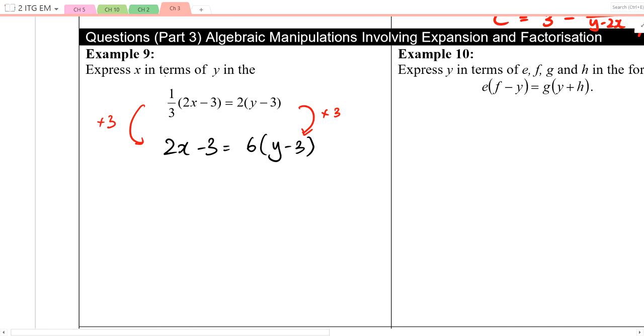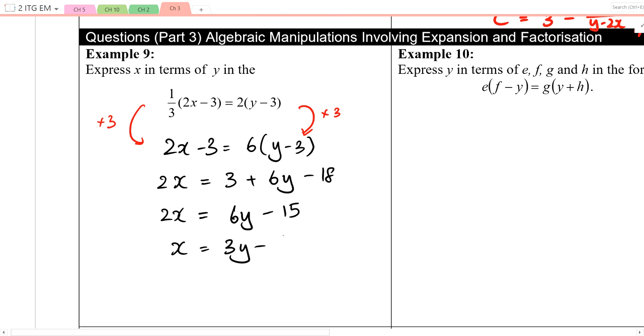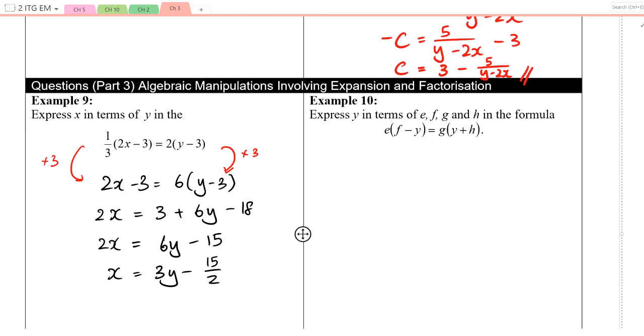I only want x as the subject, so 2x equals 3 plus 6y minus 18, which is 6y minus 15. So this is 2x, so x must therefore be 3y minus 15 over 2. So do example 10 yourself.